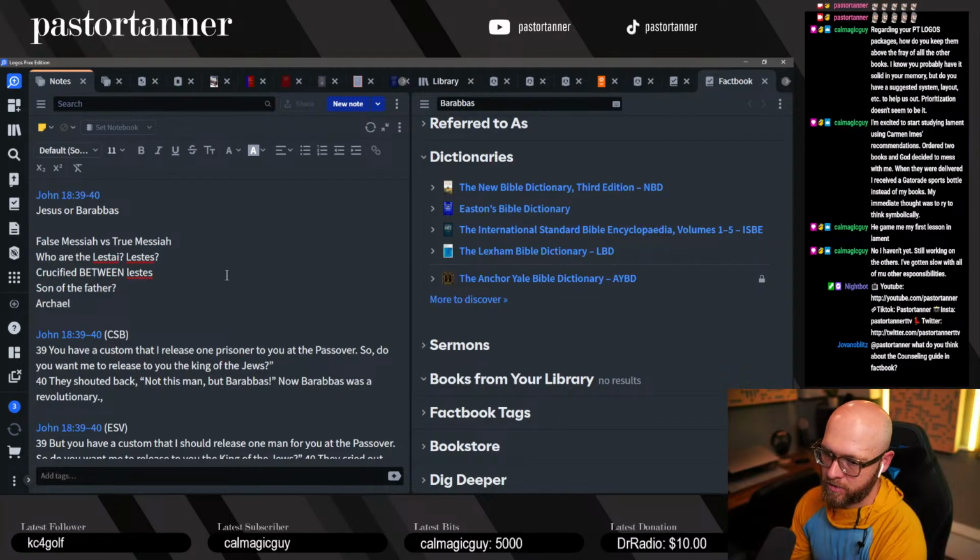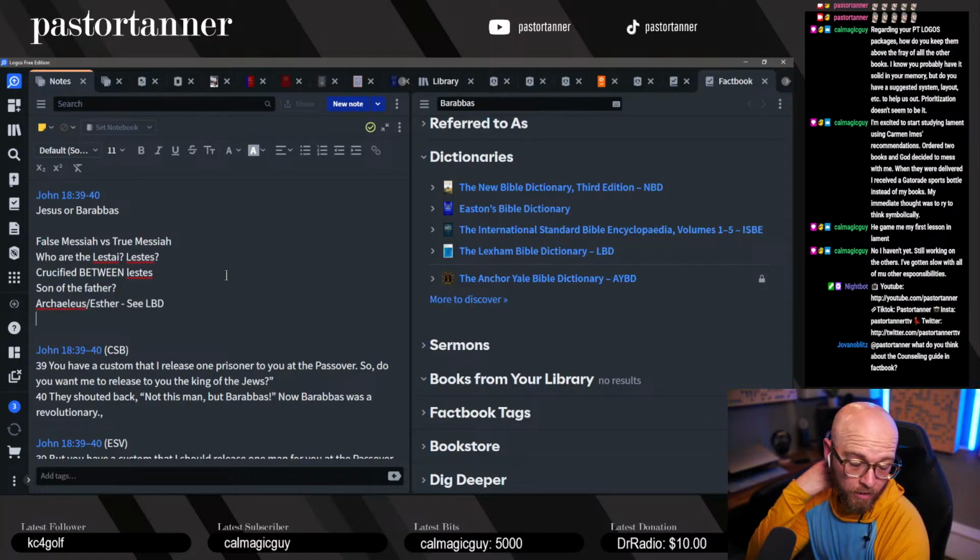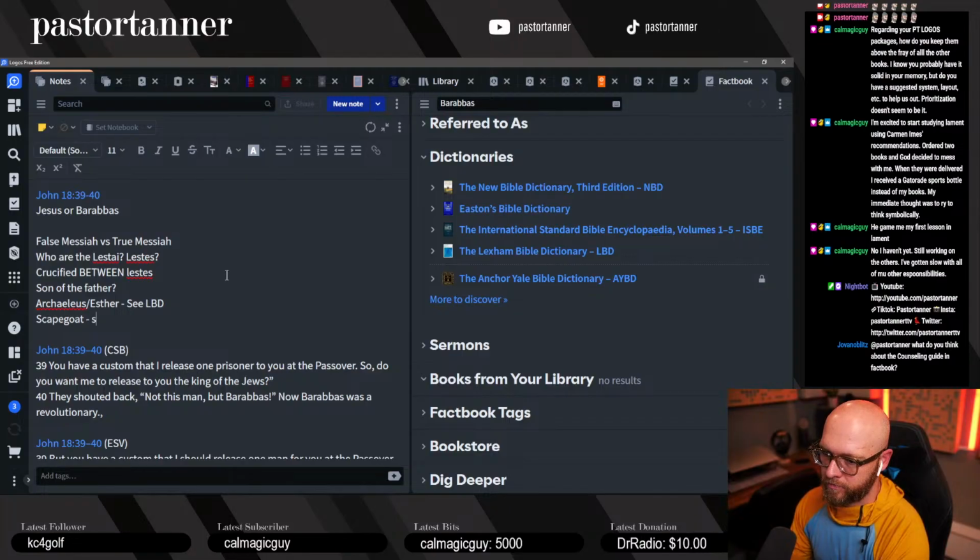Archelaus / Esther, in the Lexham Bible Dictionary. And then also scapegoat, see the Old Testament, and René Girard. Man, tons of food for thought in the Lexham Bible Dictionary.